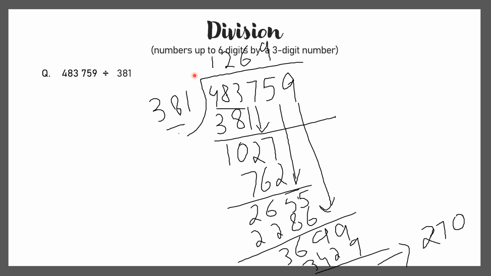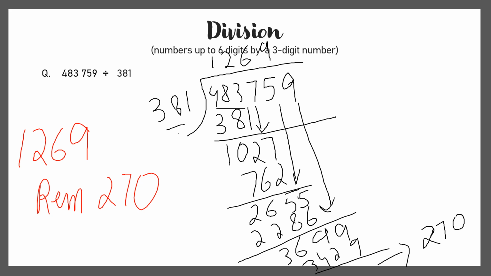So our answer, which is called quotient, is 1269. So this is our answer, which is called quotient, and our remainder is 270. So this is how we divide a number by 3 digits.